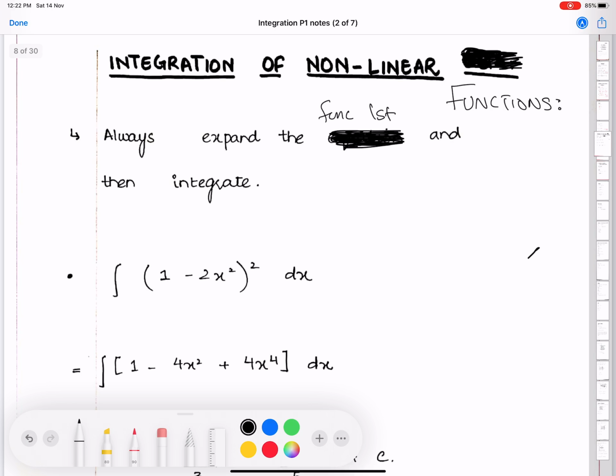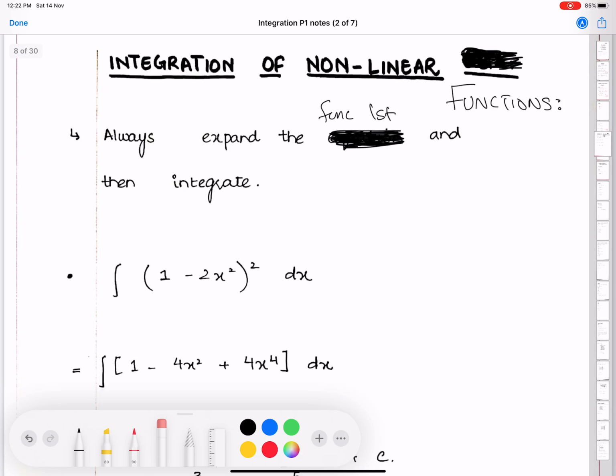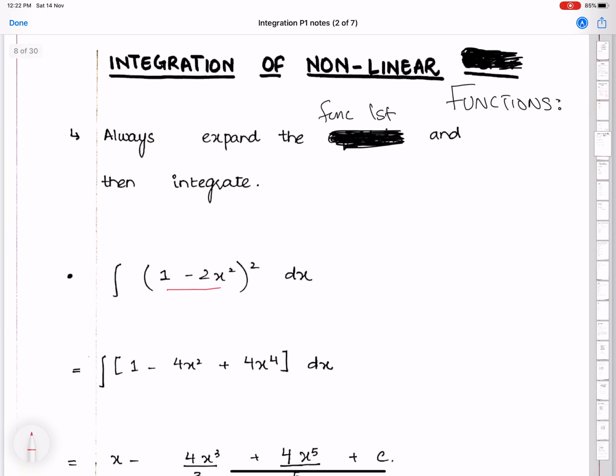So whenever you find a composite function, a non-linear function, see, this function is non-linear. Linear function means this one. This is known as the linear function. The power of the variable is 1.